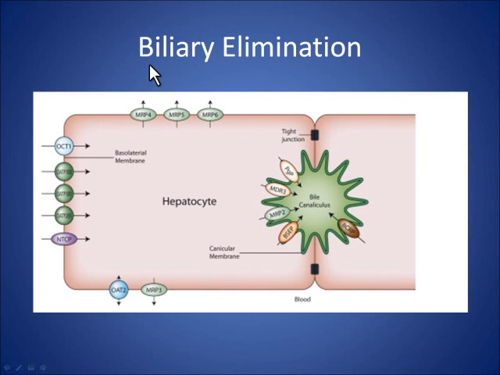Some xenobiotics, especially glucuronide conjugates, are eliminated in the bile instead of the urine. The major determinant as to the elimination pathway is the transport protein that the hepatocytes use to export the metabolite.